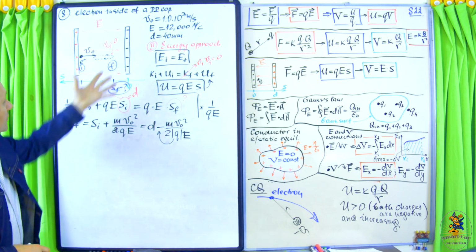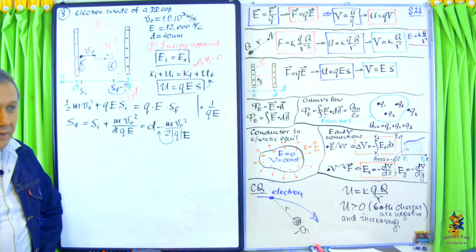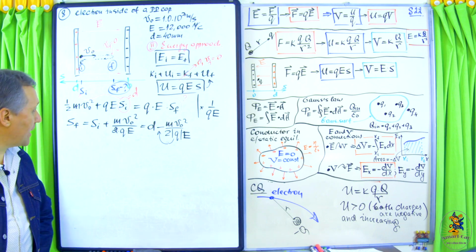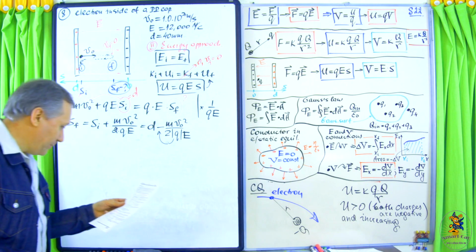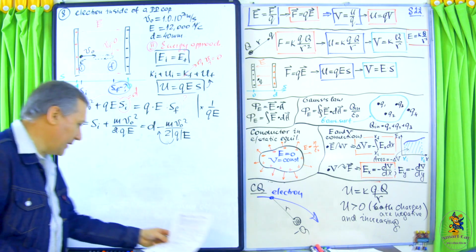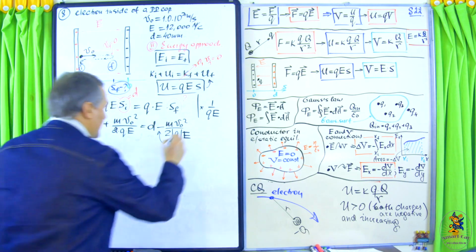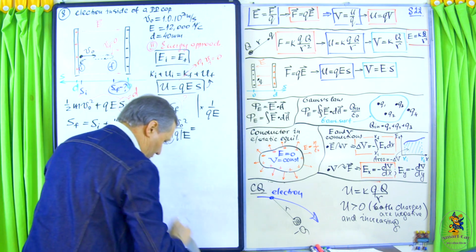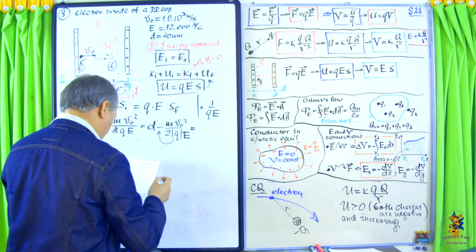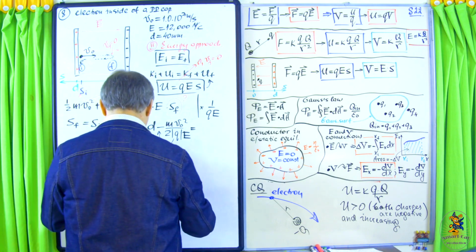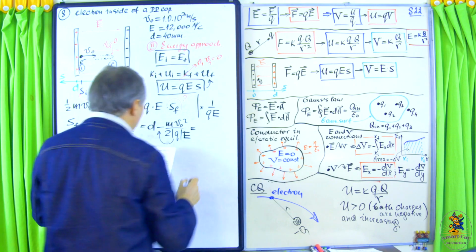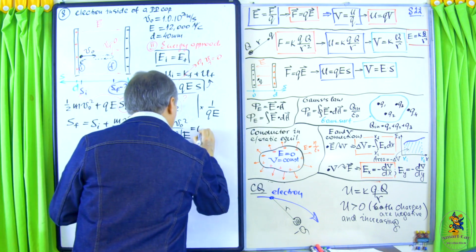And so now for the rest, you just need to plug in numbers and calculate, and of course I'm not going to do it, I will just write down the answer. Let me write it first in meters and then in centimeters.